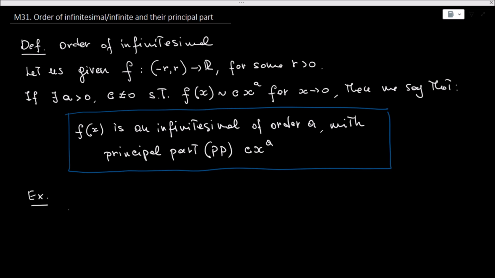Let's consider, for example, the function sine of x. Now, we know that sine of x is defined in any neighborhood of the origin, okay? And we also know that the asymptotic equivalent says that if x goes to 0, sine of x can be approximated to x. So we saw this when discussing the asymptotic equivalence, for x that goes to 0.